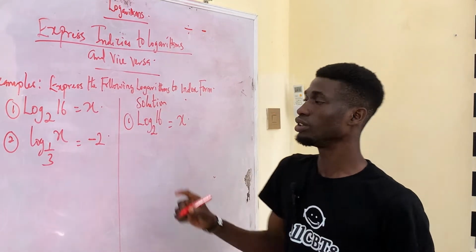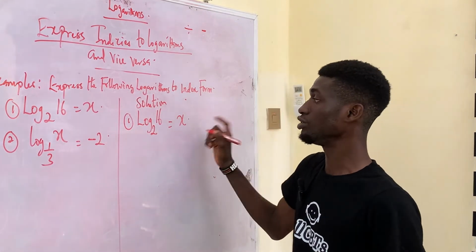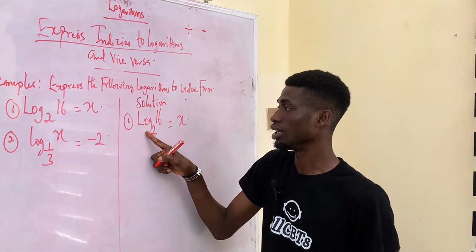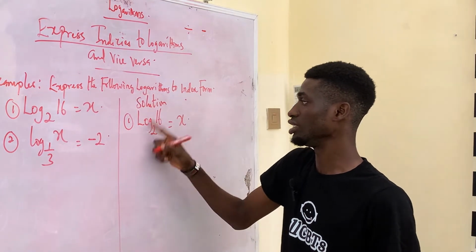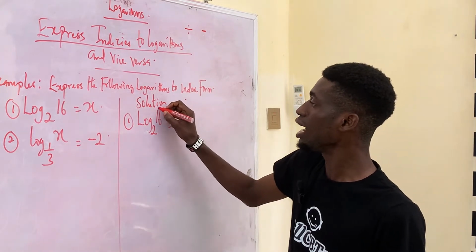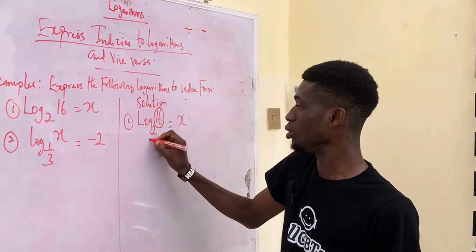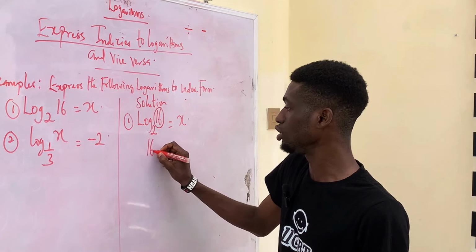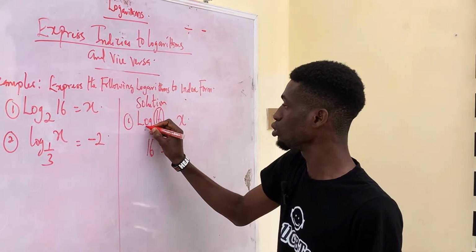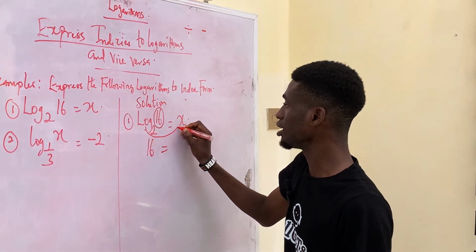Now, if I change it from logarithm to indices form, you have to eliminate this log. That is, this log should be eliminated. It should not be found in the question. And I told you that this power, which is 16, will be written as a number on its own. After you have done that, now this log 2 will be moving to the other side.